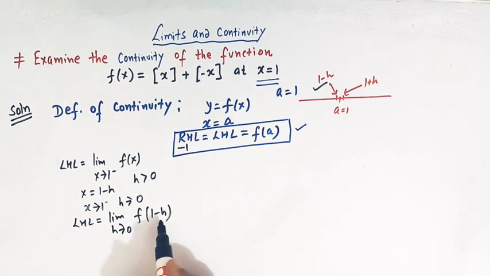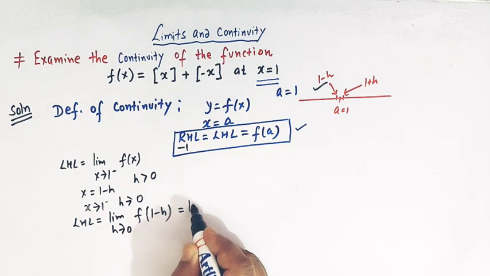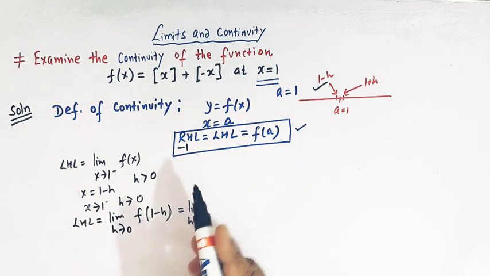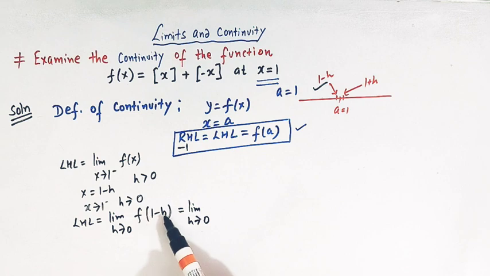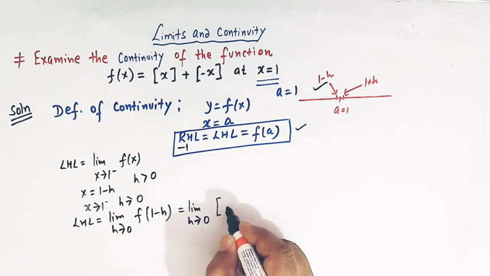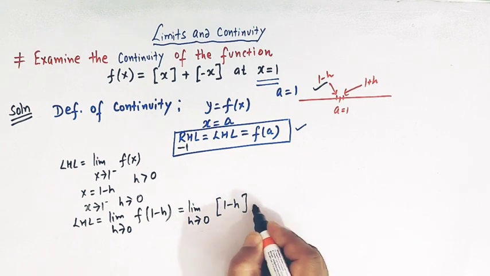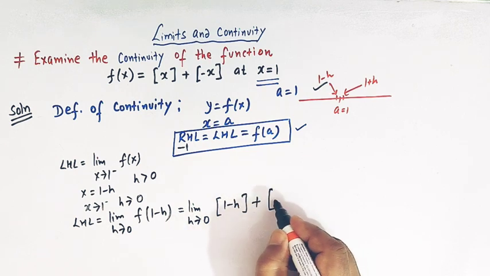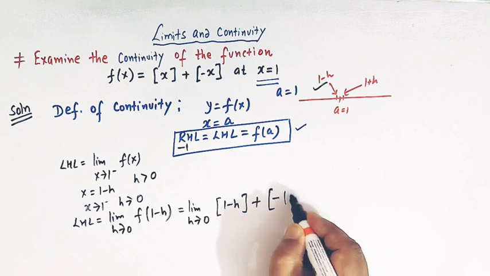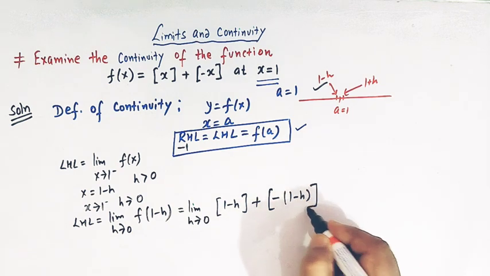So now f of 1 minus h can be obtained by replacing x by 1 minus h in the given function, right? So we have greatest integer of 1 minus h, and here we have greatest integer of negative of 1 minus h.